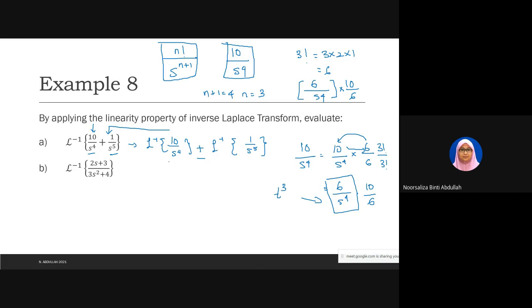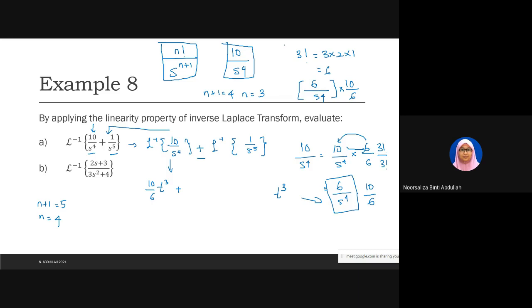Then your answer here will be 10 over 6 t kuasa 3, plus 1 over s kuasa 5. So s kuasa 5 is actually n plus 1 equals to 5 and your n equals to 4. Okay, n equals to 4.